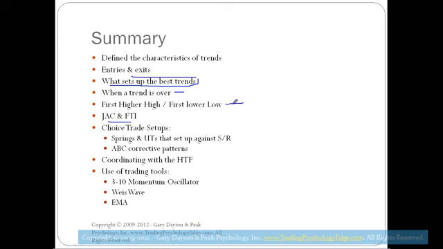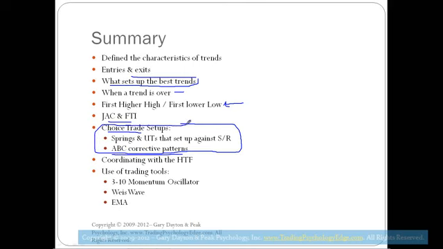We talked about the first higher high and first lower low trade setup, one of my bread and butter setups. And then what we call the choice trade setup, something even a little bit better than just straight pullbacks in a trend. Those are the springs and the upthrusts that set up against support and resistance and show that ABC corrective pattern. Really look for this. This is good stuff.